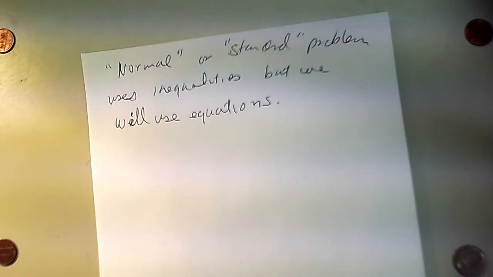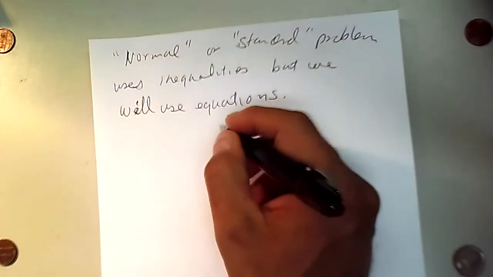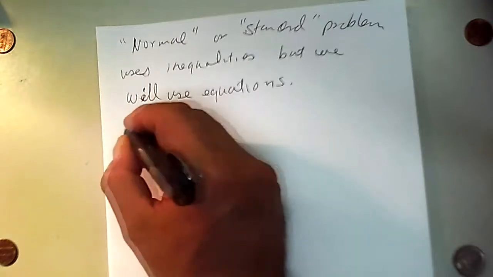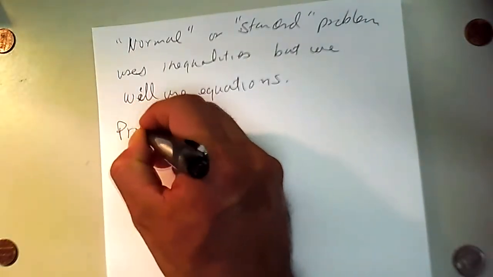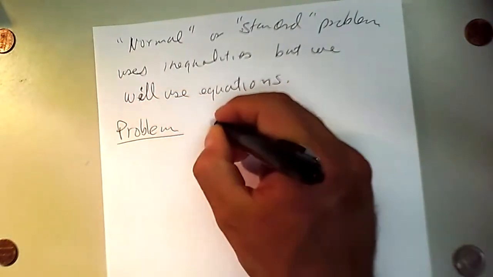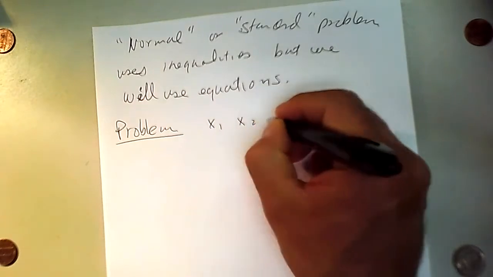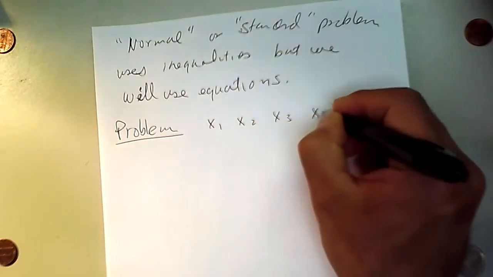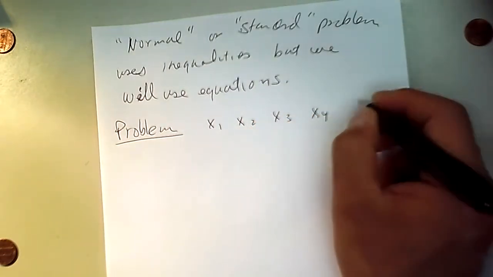So the question is, what kind of problem are we going to solve? We're going to have variables. So the problem, we're going to have x1, x2, x3, x4, and you can have as many variables as you want to.